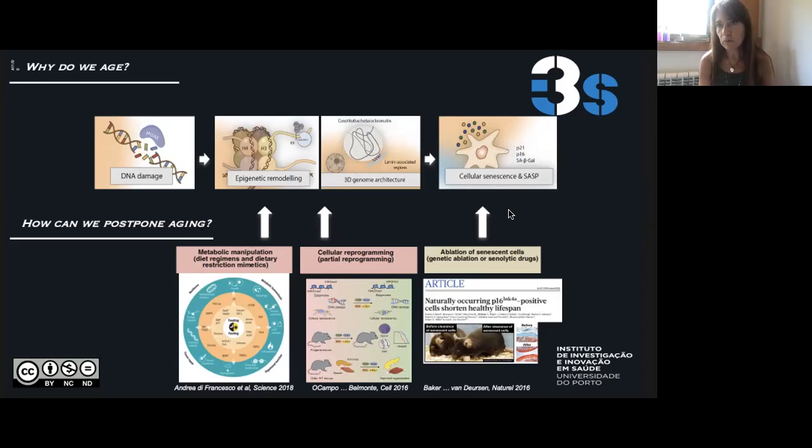Aging, once considered irreversible, is now seen as remarkably malleable. Diet regimens such as caloric restriction and fasting, even more if coupled to circadian cycles, are able to preserve the epigenome. More dramatically, cellular reprogramming by the Yamanaka factors acts by resetting the epigenome and has been validated in animal models.